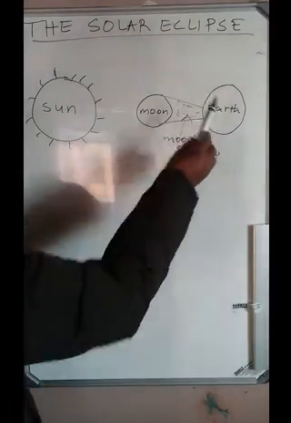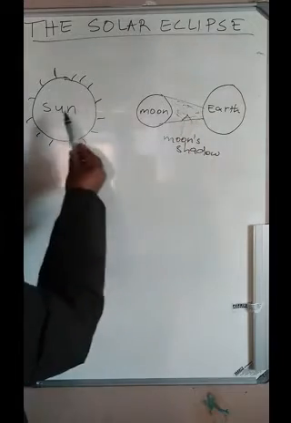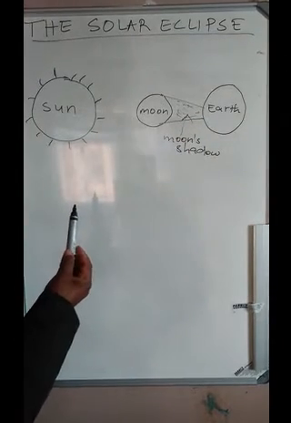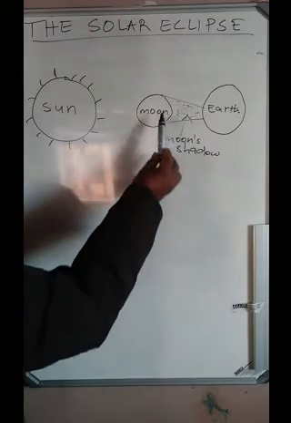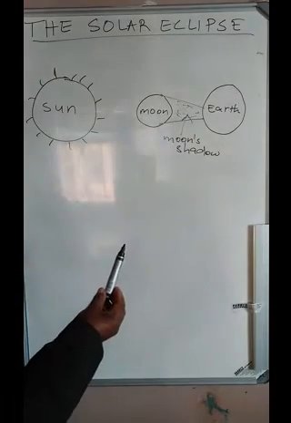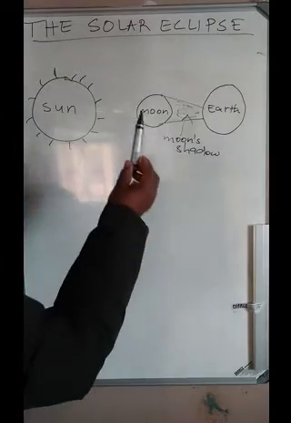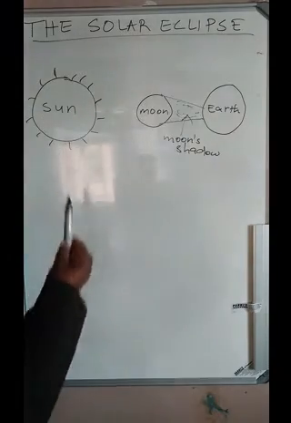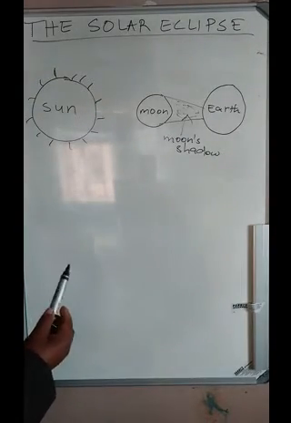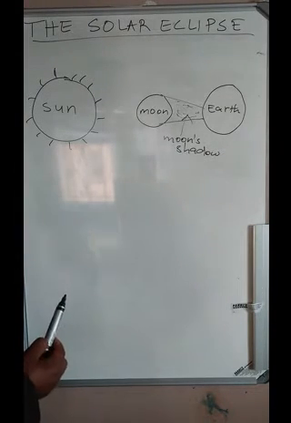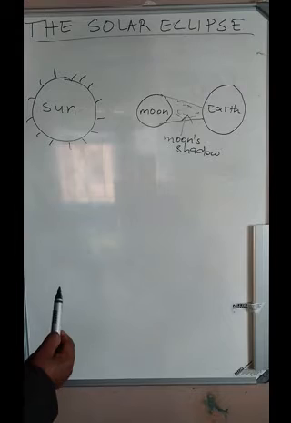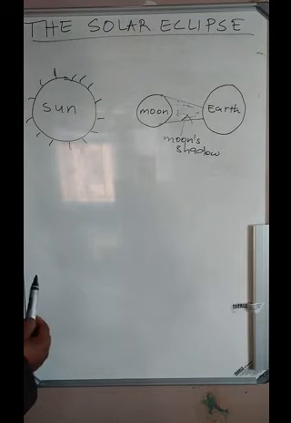And when people here on earth try to look at the sun, it becomes dark because of the moon's shadow. The sun looks almost the same size as the moon, yet that is not true. The sun is very big.